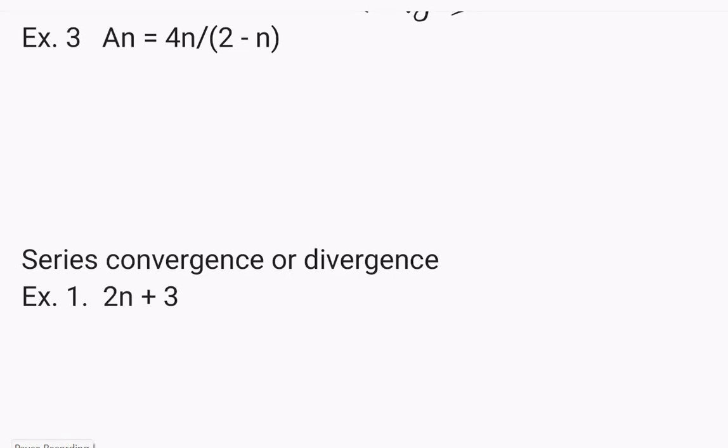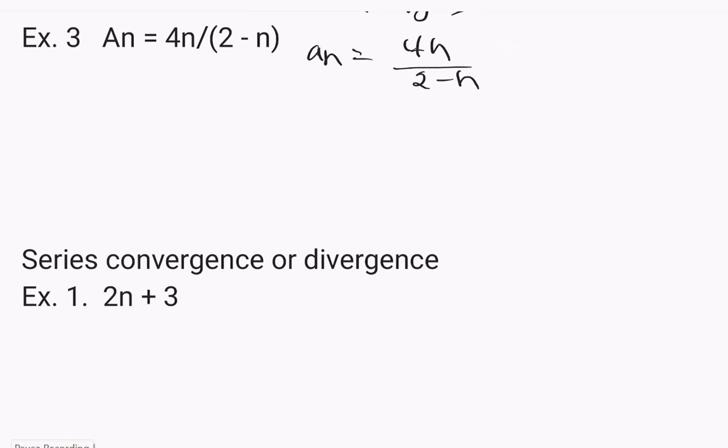Here we have a sub n equals 4n divided by 2n minus n. Before we can take the limit, we need some algebraic operation. Let's multiply the numerator and the denominator by 1 over n.